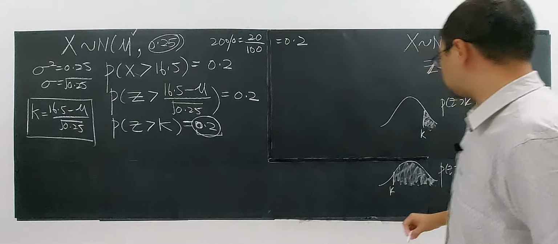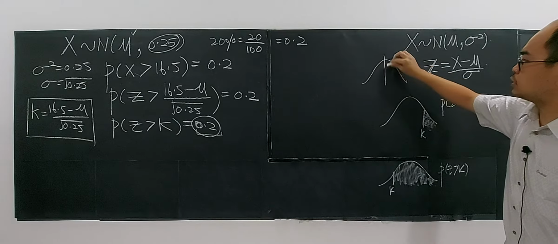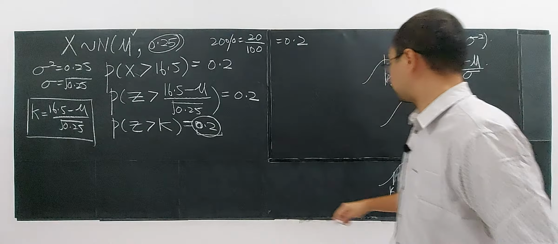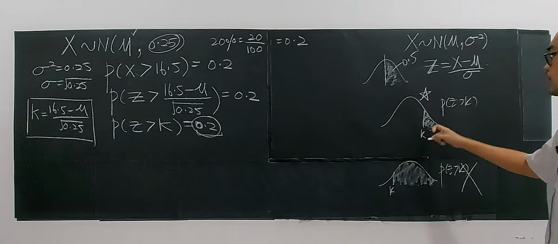Half of the distribution is only 0.5, so it's impossible to be the first one. If it were, the area would be greater than 0.5. So I'm very sure it will be like this.